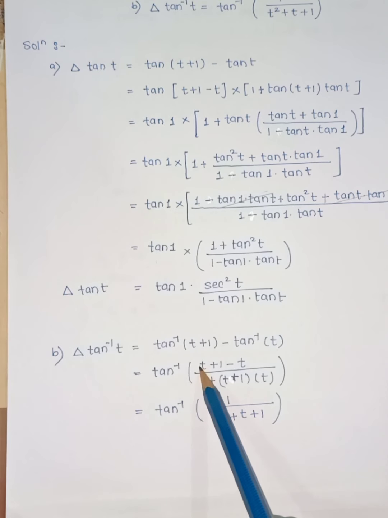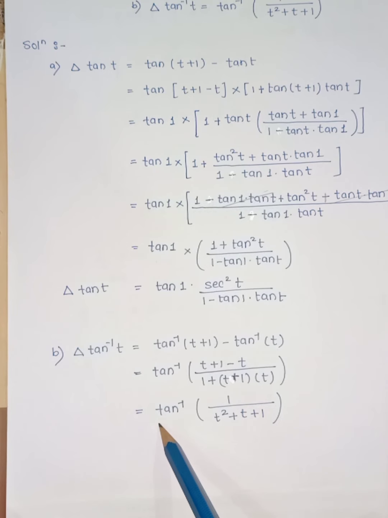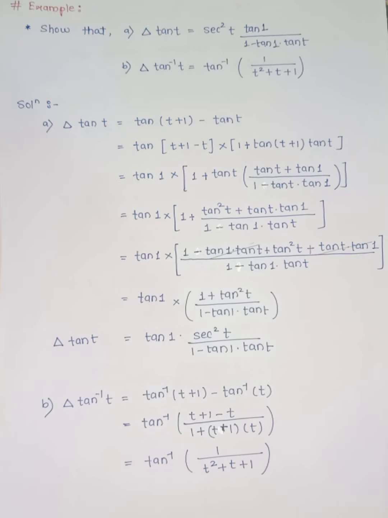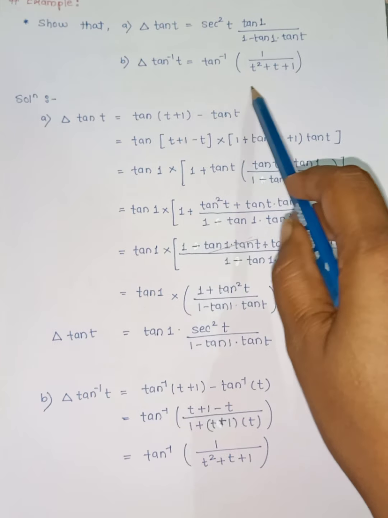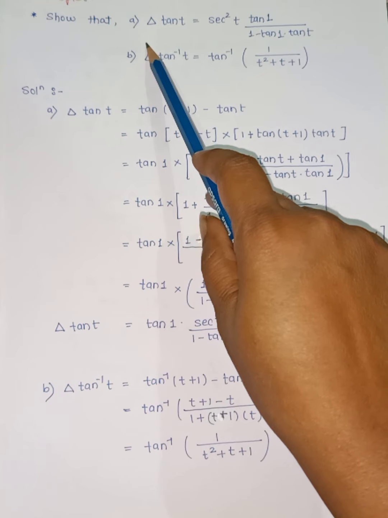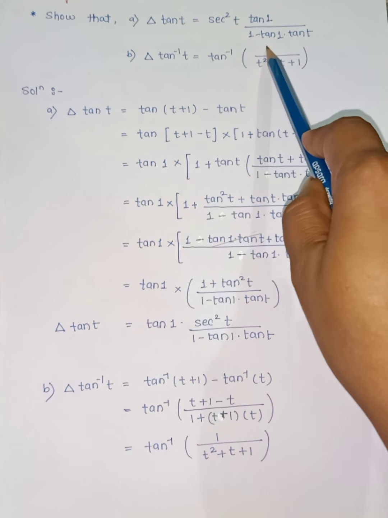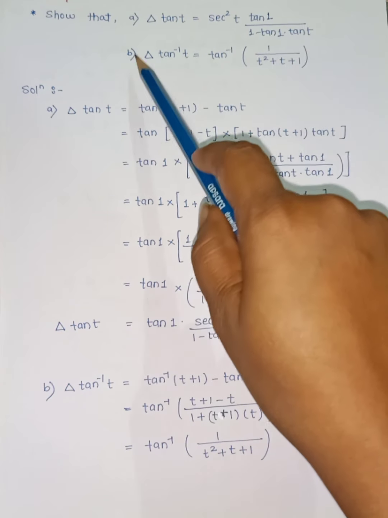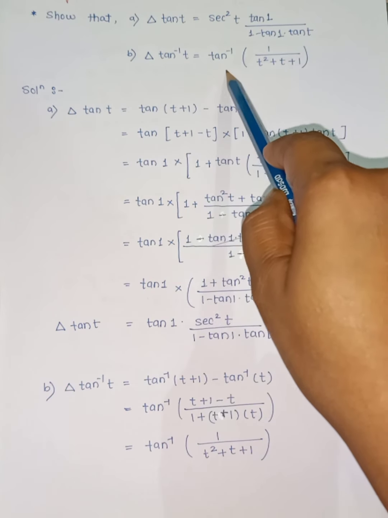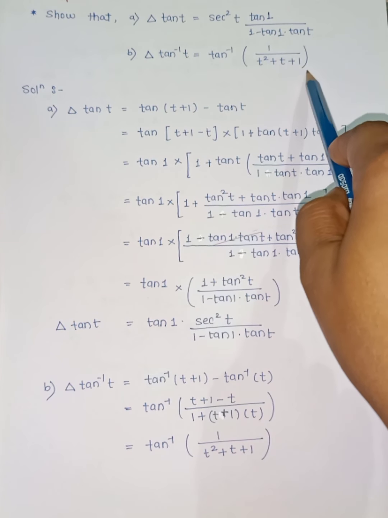Then tan inverse of (t+1 minus t) upon (1 plus (t+1) into t), that will be tan inverse of 1 upon t square plus t plus 1, and this was the answer we wanted. Okay, so we have seen delta of tan t equals sec square t into tan 1 upon 1 minus tan 1 into tan t, and delta of tan inverse of t equals tan inverse of 1 upon t square plus t plus 1.